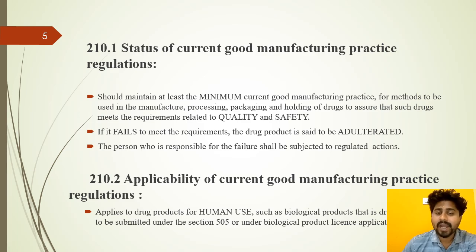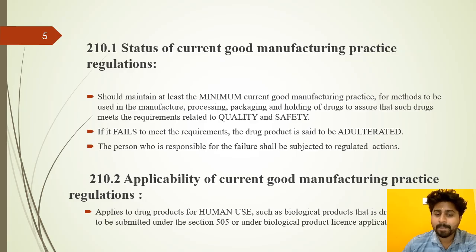Here mainly quality and safety are taken care of, and at minimum cGMP should be practiced. If it fails, the product is said to be adulterated, not meeting the quality standard, and those who are responsible are subjected to regulatory actions. You have to give the proper reason to the authority.